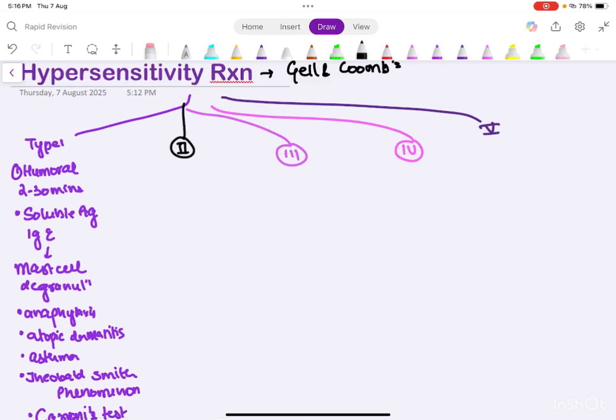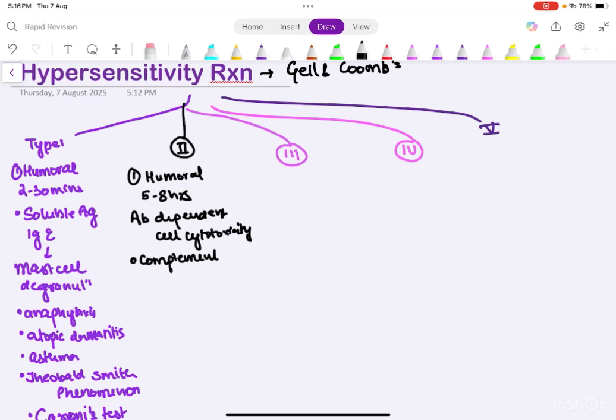Then coming on to type 2. Now type 2 is also humoral. This takes a little more time, 5 to 8 hours. In this basically you have antibody dependent cell cytotoxicity. So you have basically complement mediated cytolysis.